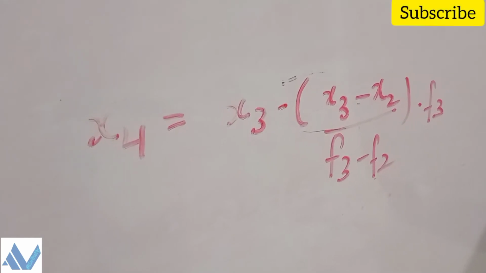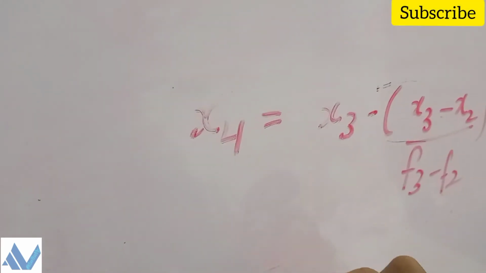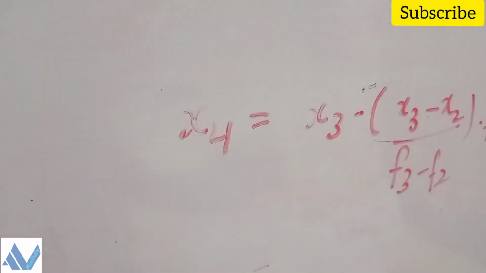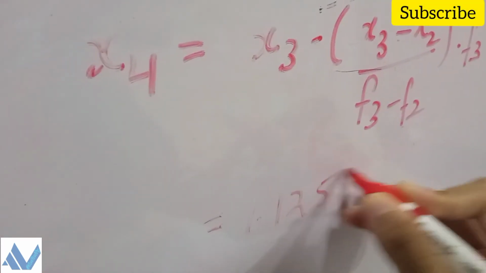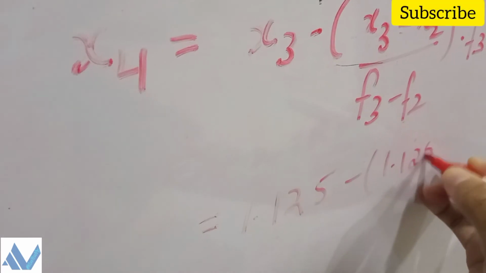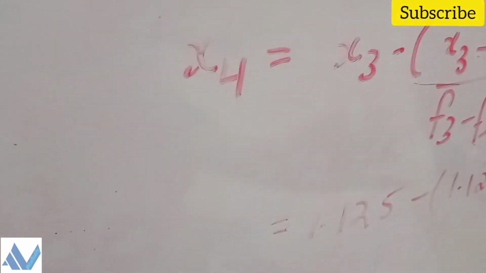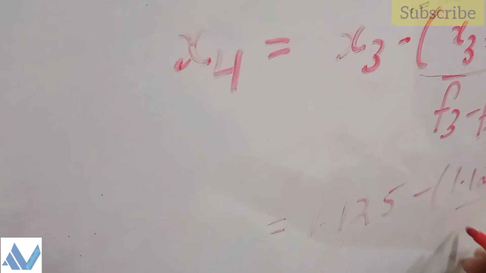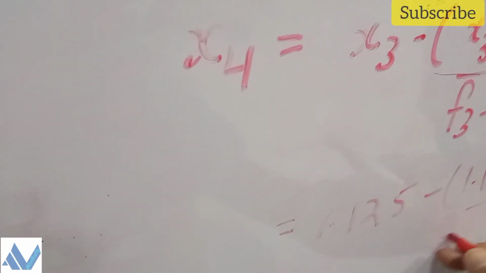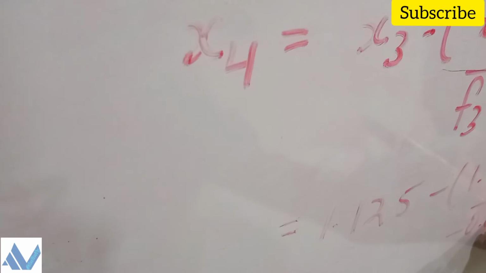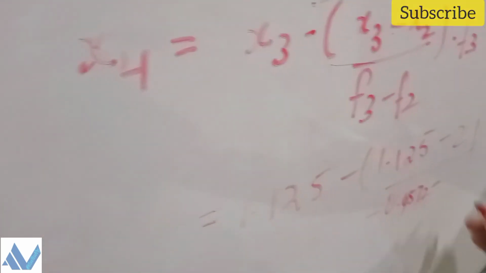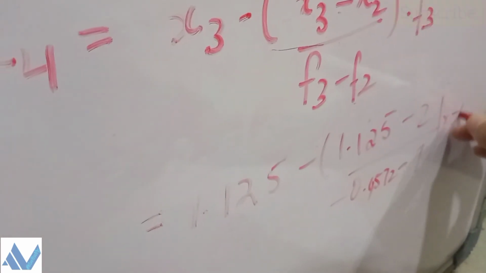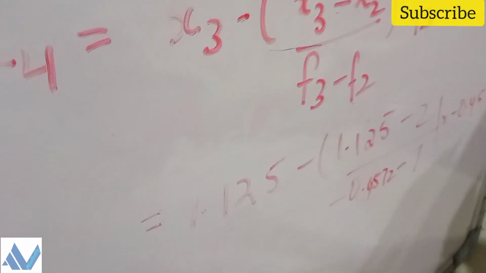And now we substitute. x3 was 1.125 minus 1.125 minus x2, which is 2, by the f3 value we have got, minus 0.4572, minus the f2 value, f2 is 7, this is into minus 0.4572.